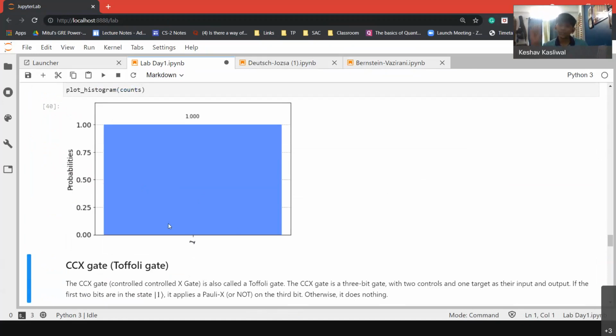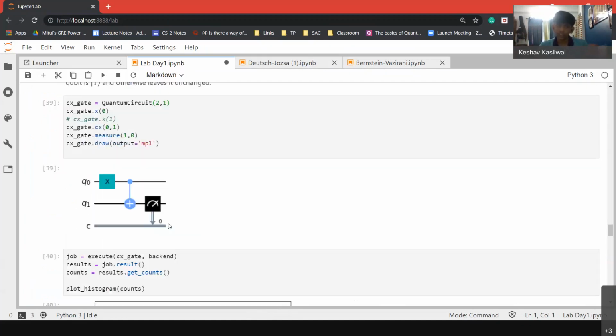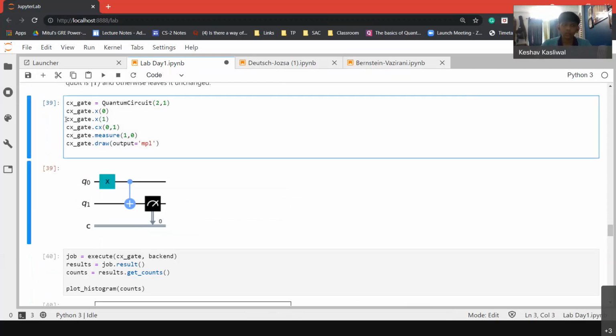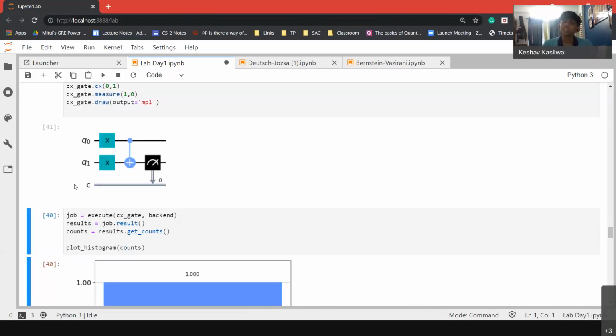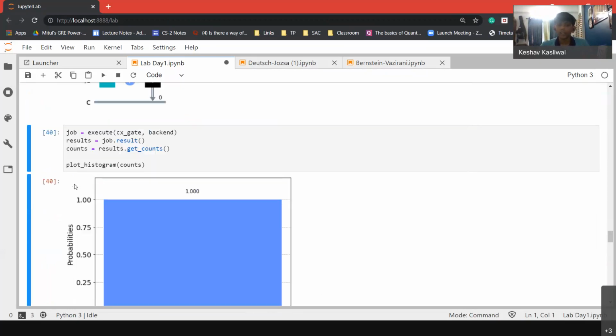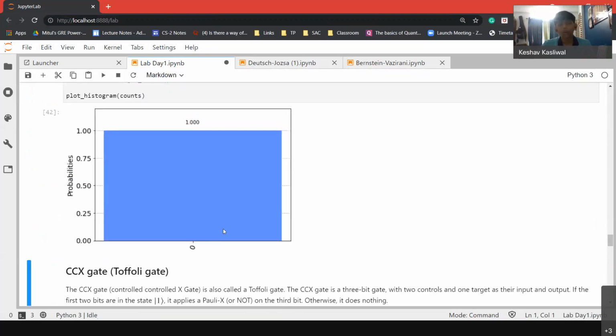If Q0 is initialized to the 1 state, the Q1 state would be flipped. In order to give a proper explanation for all the possibilities, we'll initialize the state Q1 to 1 only. According to what I just said, the bit should flip, right? So according to that, it flips.